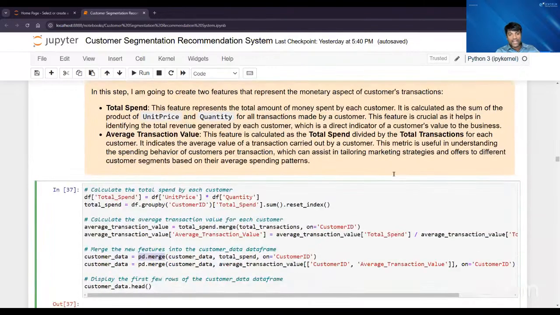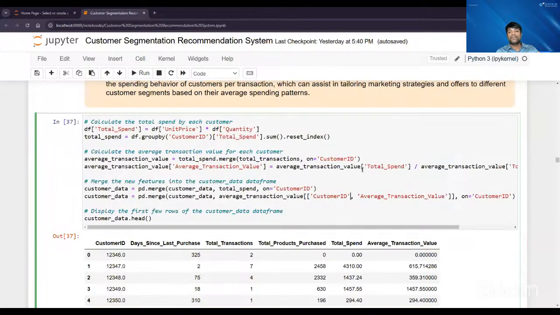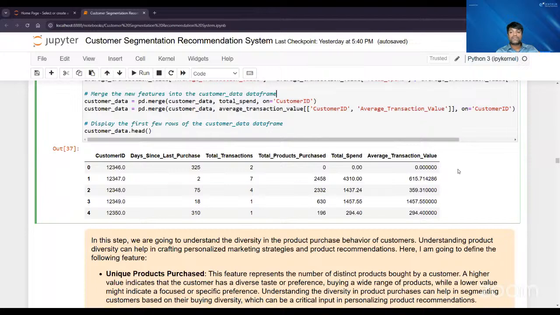After that, we are also merging the total spend and the average transaction value. This code is basically for merging with the previous table. So now we will get the entire table where you can see the days since the last purchase, then the total transactions, then the total products purchased, then the total spend and the average transaction value.